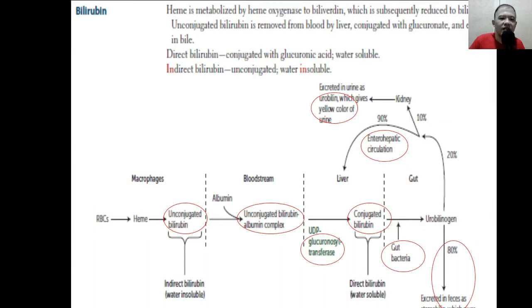Again, next is the bilirubin, and this is the bilirubin metabolism. Bilirubin is a substance that is derived from heme. It is a reduced form of heme.